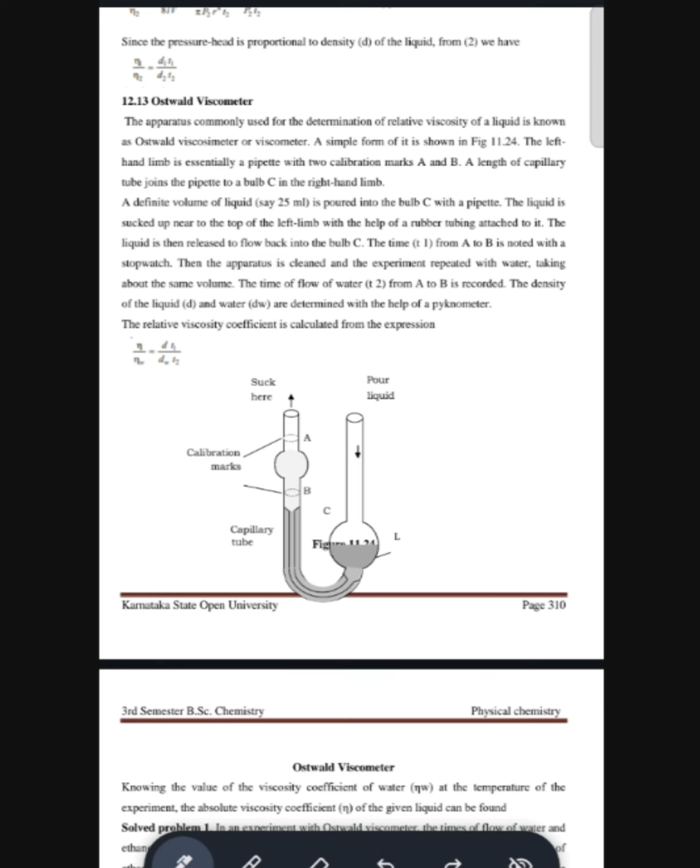In the viscometer we add the liquid here. It will settle down, and the brown part is the liquid present.